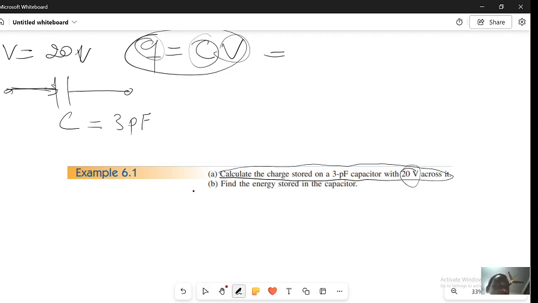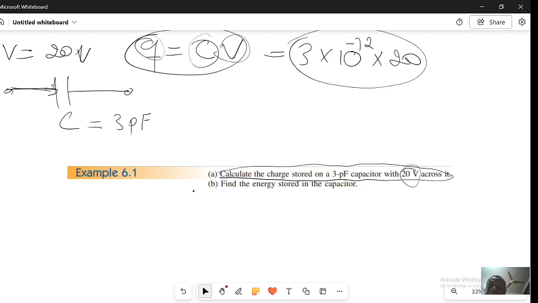I'm going to have 3 multiplied by 10 to the power of minus 12, multiplied by the voltage of 20 volts, and I will have the charge. Why multiply by 10 to the minus 12? Because it is pico.